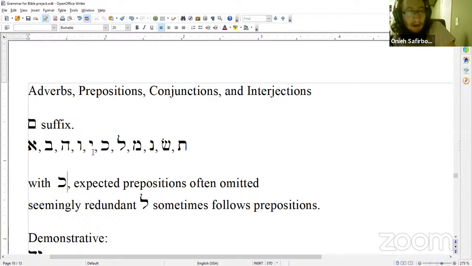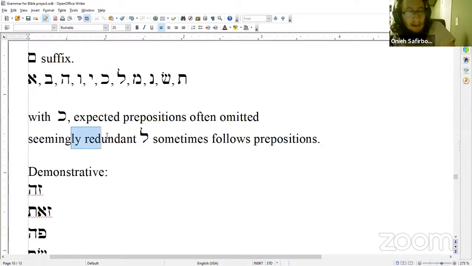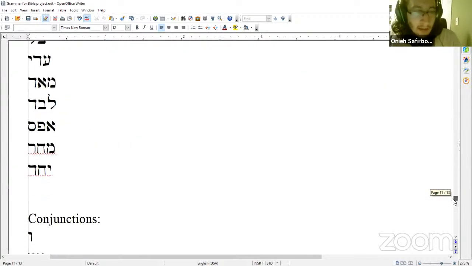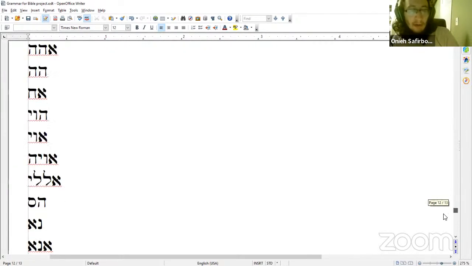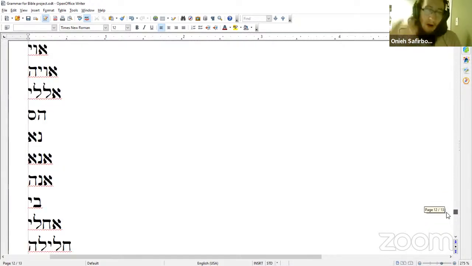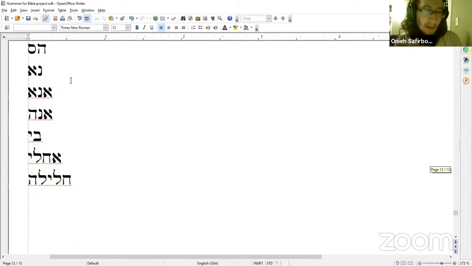And then also apparently a seemingly redundant lamed prefix sometimes follows prepositions. But it's probably not redundant. It's just that Hebrew works in an interesting way that is foreign to our way of thinking.